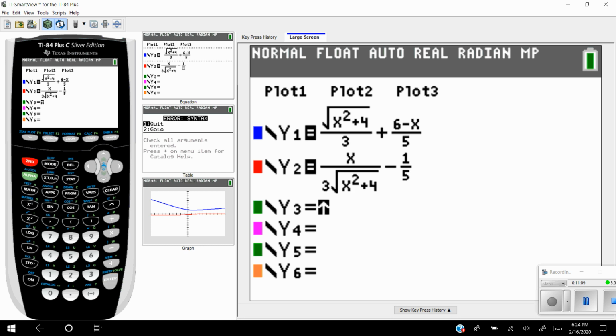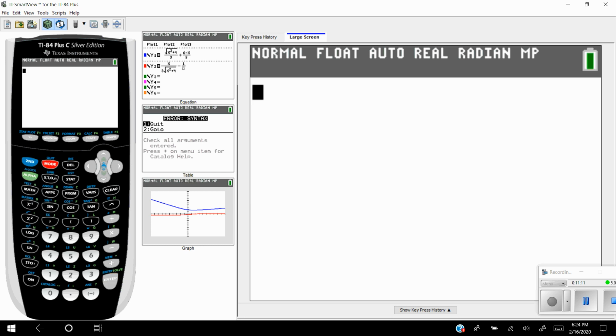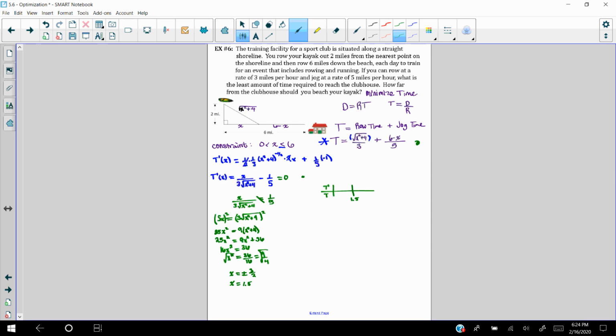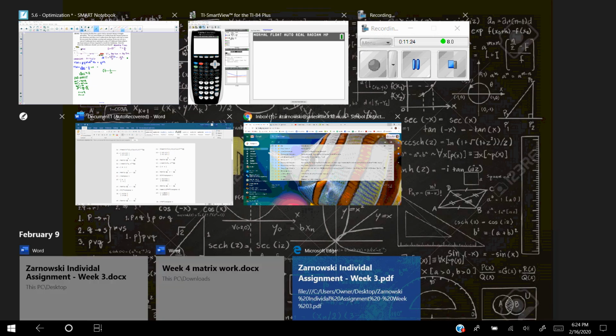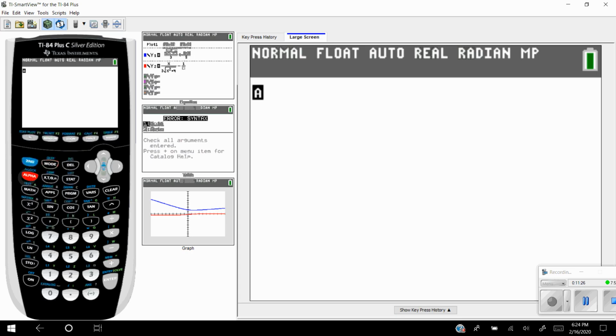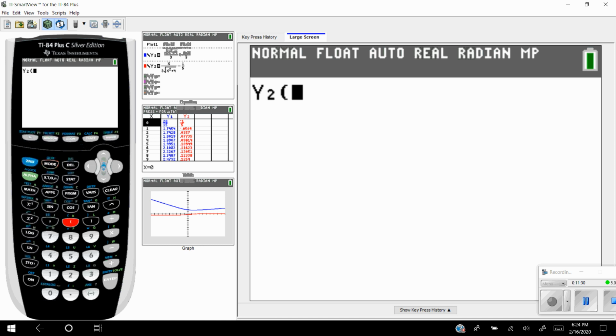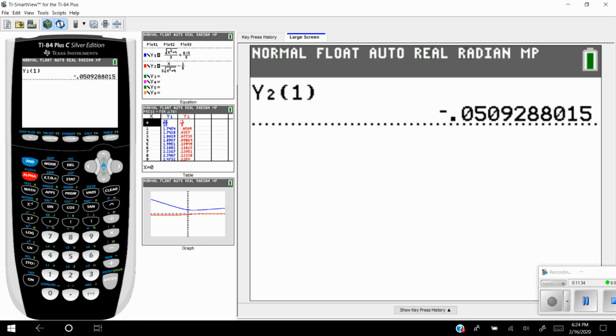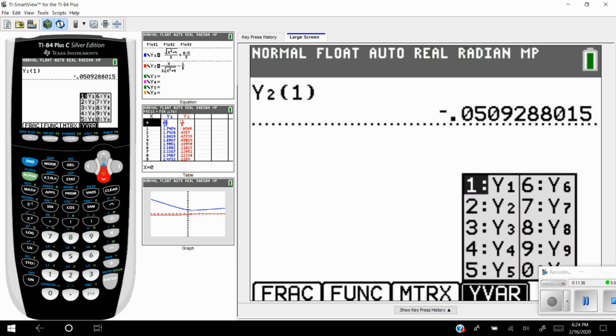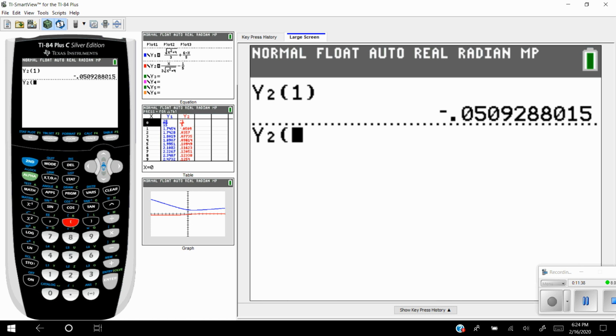Now, for our sign chart, we want to use the derivative to figure out if we have a minimum here. And so I'll probably use 1 and 2 to test values left and right of 1.5. So since I put the derivative in y2, I'm going to go alpha y2 of 1 and alpha trace y2 of 2.